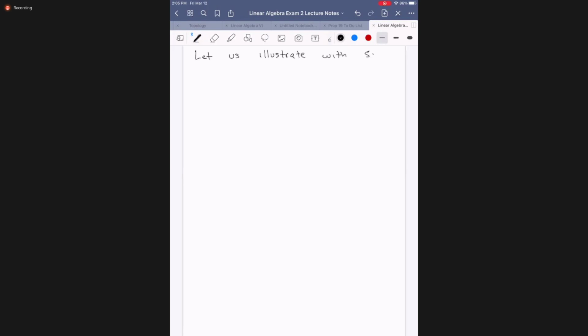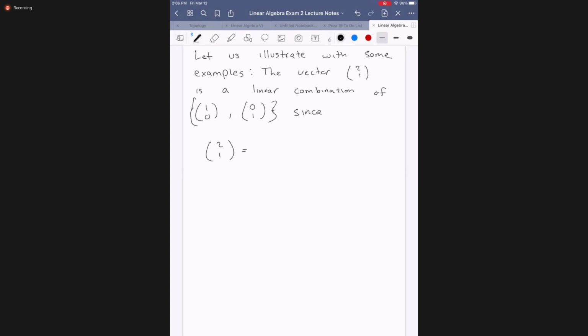One such example: the vector (2, 1) is a linear combination of (1, 0) and (0, 1), since (2, 1) is going to equal 2 times (1, 0) plus 1 times (0, 1).